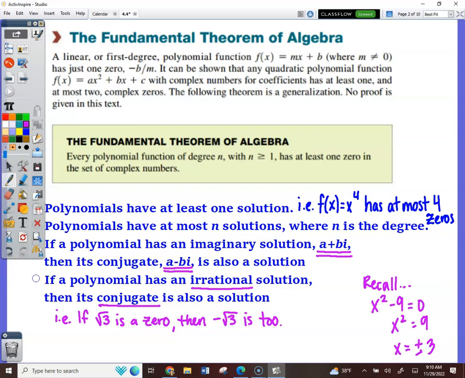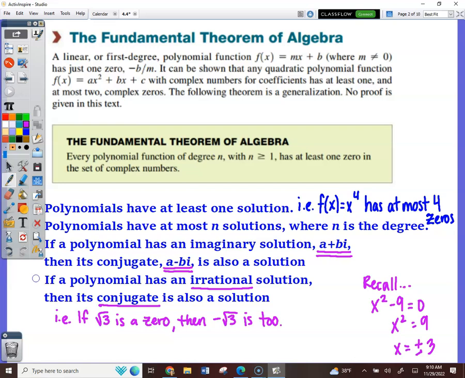Remember that? Same concept. It's saying, if I tell you that here's a radical that's a 0, then I'm secretly also saying that the opposite sign is a 0 too, and it's because it came from this. The same thing holds true with complex numbers. If I say 4 minus i is a 0, then you would say, okay, then 4 plus i is also a 0. All right?